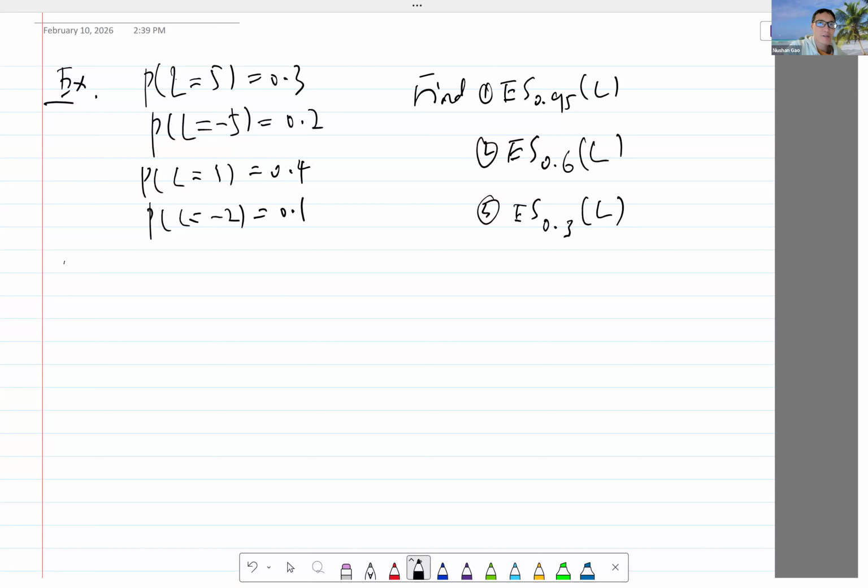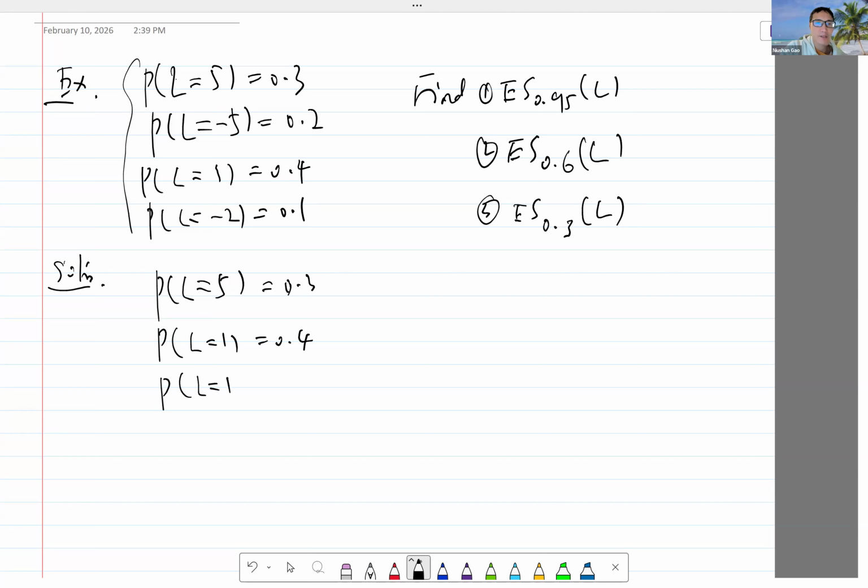So first of all, the solution. I want to rearrange these from the largest to smallest, because I'm going to accumulate the largest values, right? The largest value is L equals 5, and the probability is 0.3. The second largest value is L equals 1, with probability 0.4.